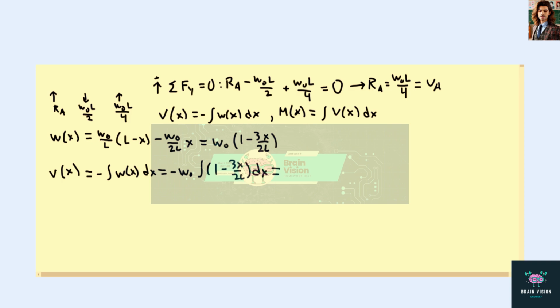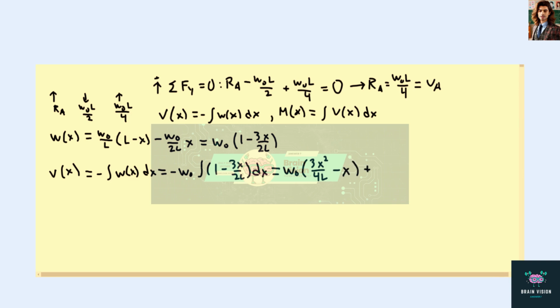And the result of this will be a W0 and quantity 3x squared over 4L minus x.